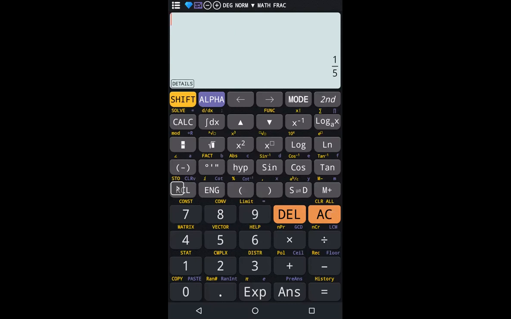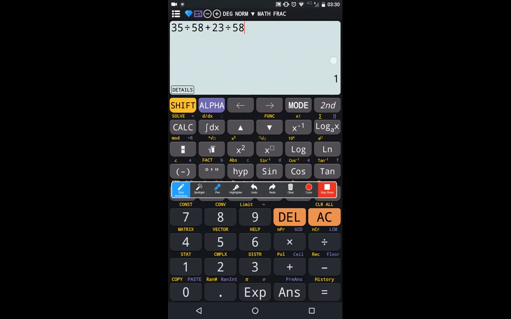Okay, so what I was showing over there was 35 by 58. I just wrote it down from memory. I'm writing 23 by 58. See, the total sum is coming as 1. You can see easily here, it's written 1.